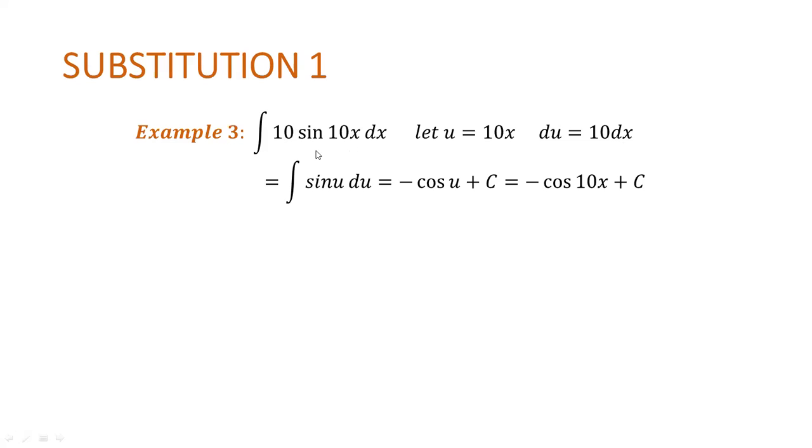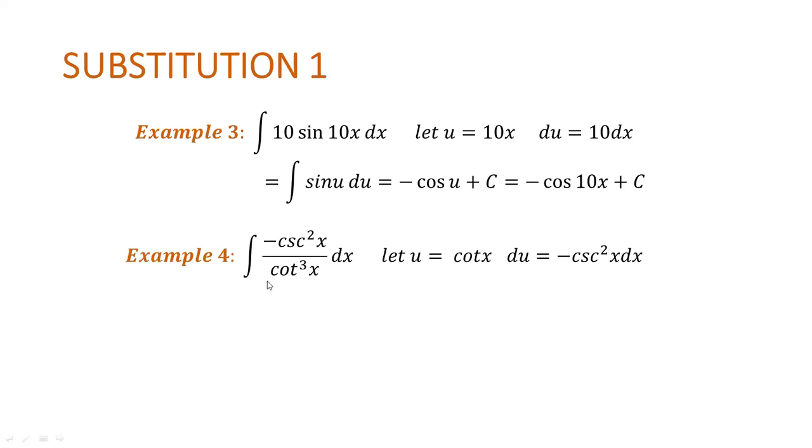So you can apply the trigonometric formula for the integral of sine u, because the derivative of the u in your sine function is in here. It's 10 dx. So your answer is negative cosine u plus c, with u equal to 10x. So it's negative cosine of 10x plus c. Okay, we'll move on.